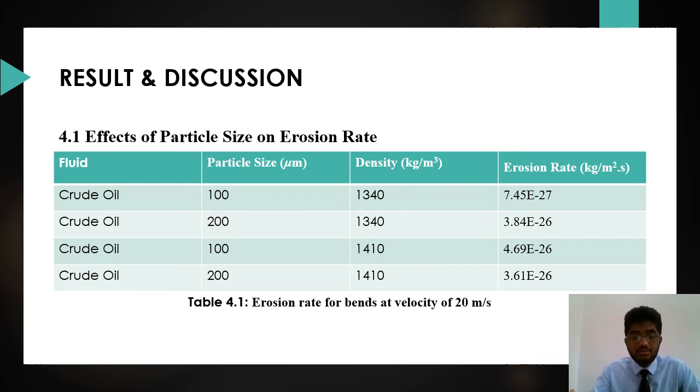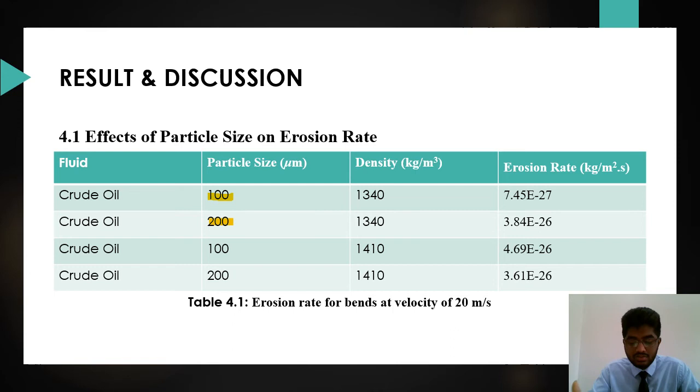The influence of particle diameter on total erosion rate on the surface was studied by changing the particle diameter from 100 micrometer to 200 micrometer. The influence of particle size on the maximum erosion rate is represented in table 4.1. As seen, the maximum erosion rate is closely related to the fluid velocity.